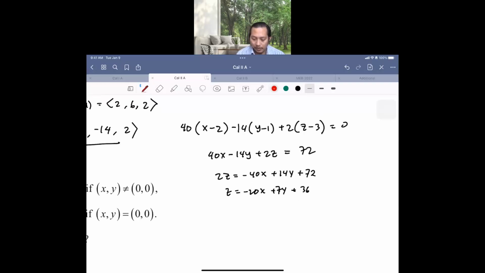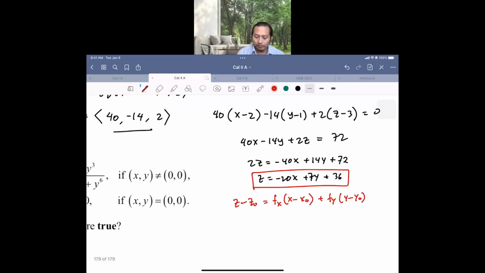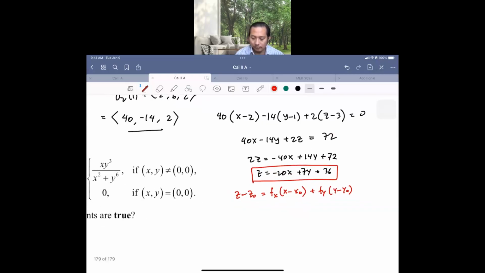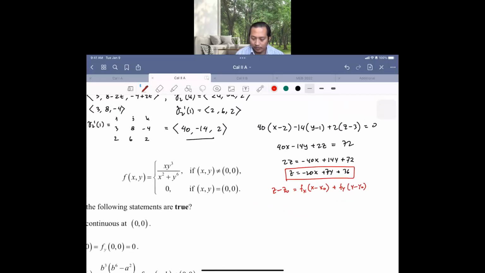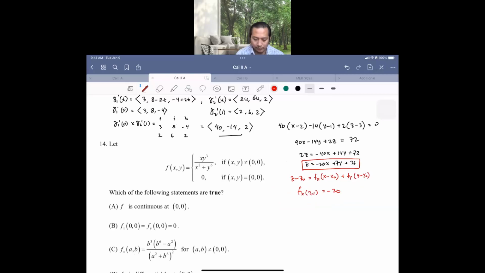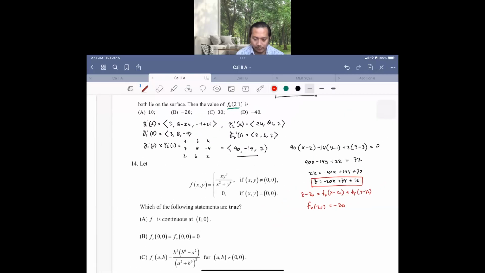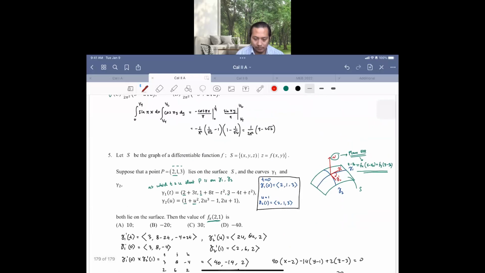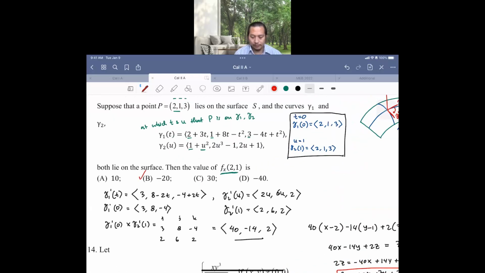And this is the equation for the surface. This equation is z minus z0 equals partial x times (x minus x0) plus partial y times (y minus y0). So partial x to 1 is negative 20. This is the answer.